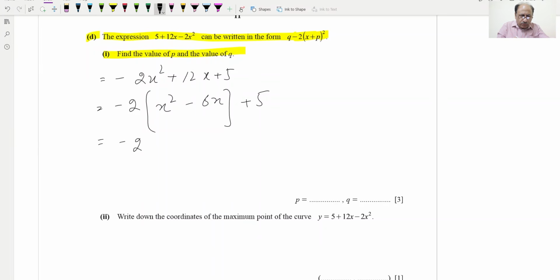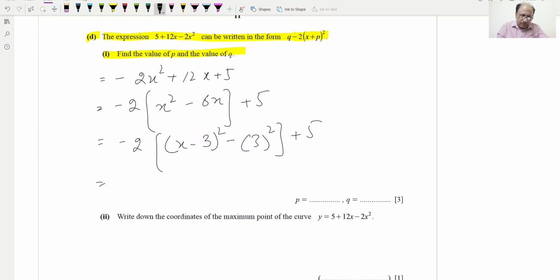Now we will complete the square: x minus half of 6, which is 3, so 3 squared, and minus, this is always minus 3 squared, bracket close, and plus this tail portion.